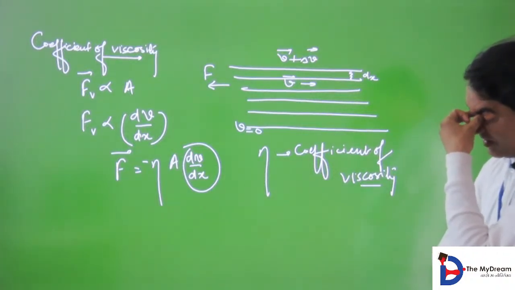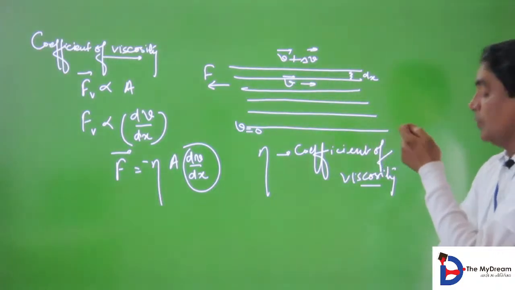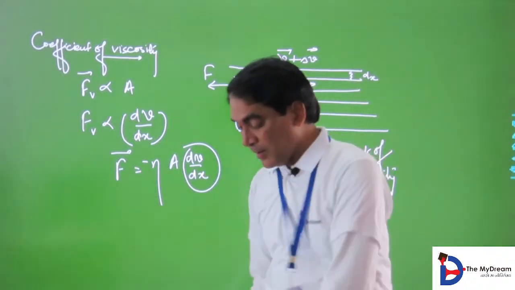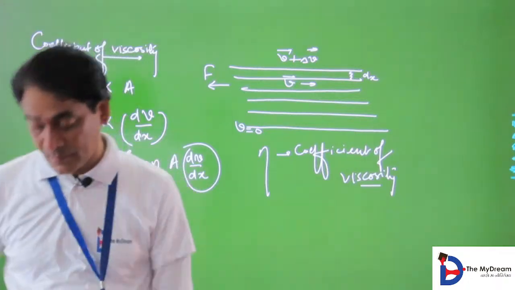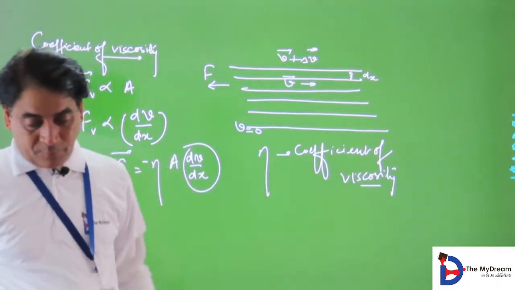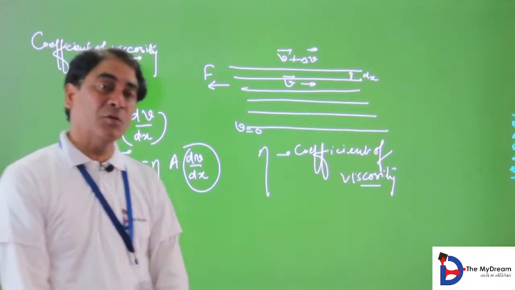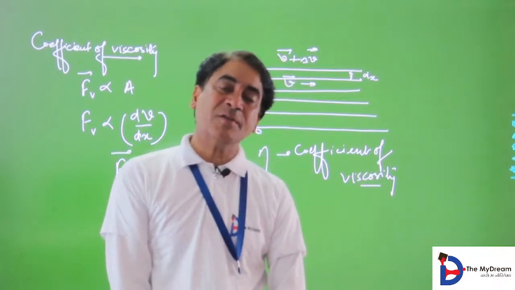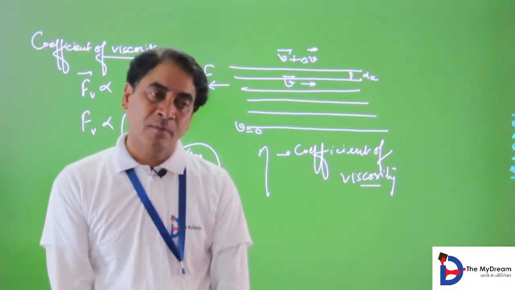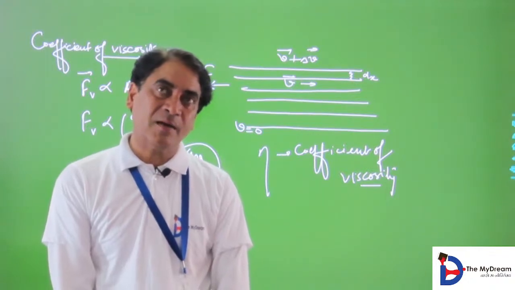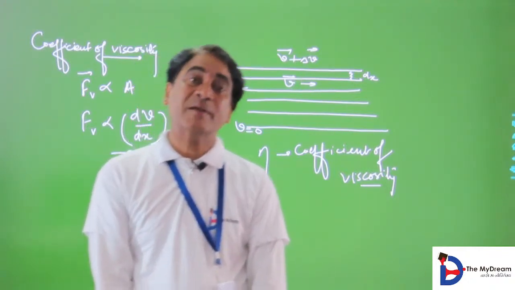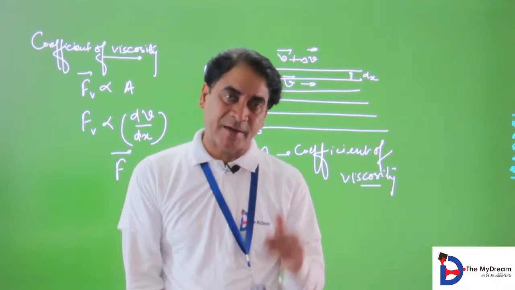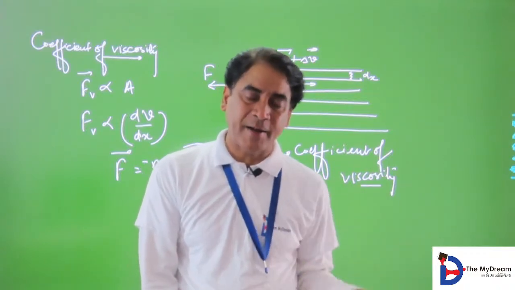What do you mean by viscosity? When we are talking about viscosity, you can compare it with friction. In case of solids, the force of friction comes into play when an object is at rest or in motion. These are the different types of friction: static, limiting, kinetic, rolling, sliding.